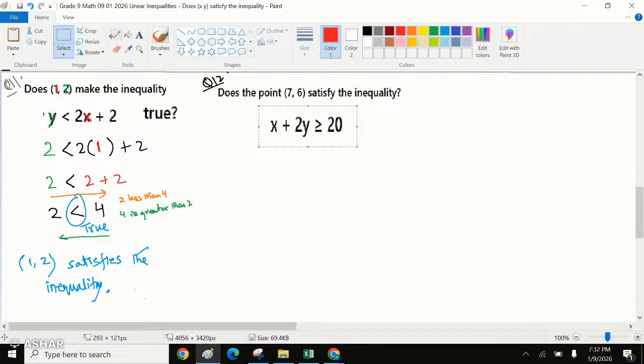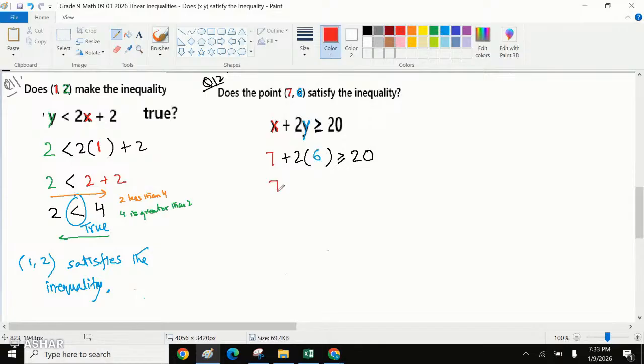We know that we have the values of x and y. X was 7 and y was 6. So we simply substitute. So can we say that 7 plus twice y should be greater than or equal to 20, and y was 6.